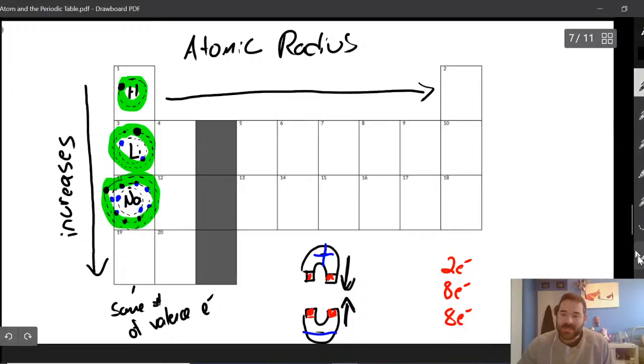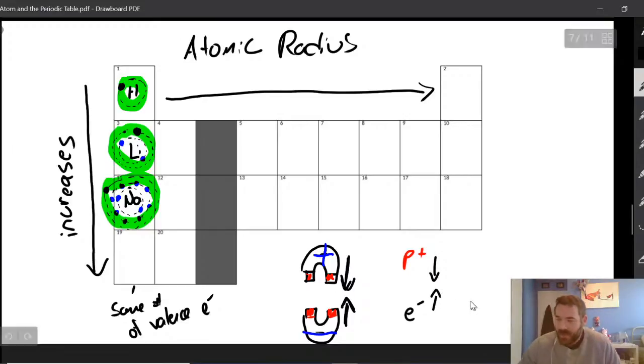And the same exists when we're talking about protons and electrons. The more protons we have, the more strongly they're going to attract the electrons. And the more electrons we have, the more strongly they're going to be attracted to the protons, because electrons are negative, protons are positive, and opposites attract.